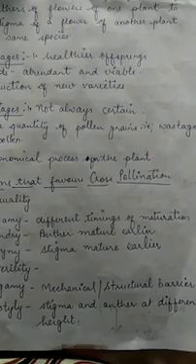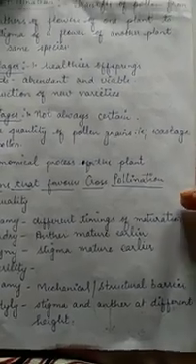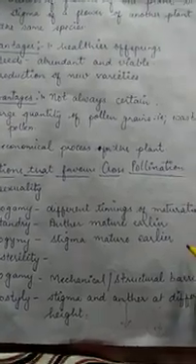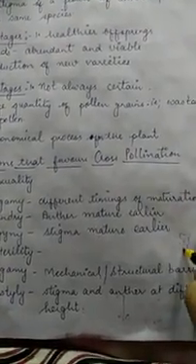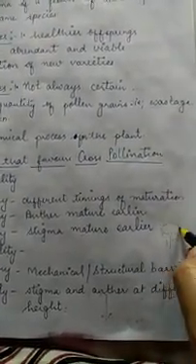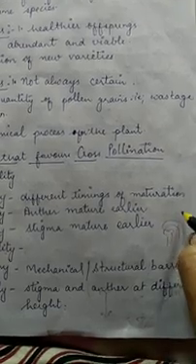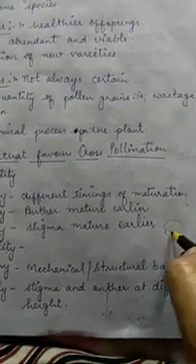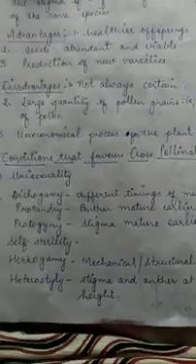For example, in pansy flower, a mechanical hood is present which prevents the pollen grains from reaching the stigma. See, above the stigma there is a mechanical hook which prevents the fall of pollen grains onto this stigma.